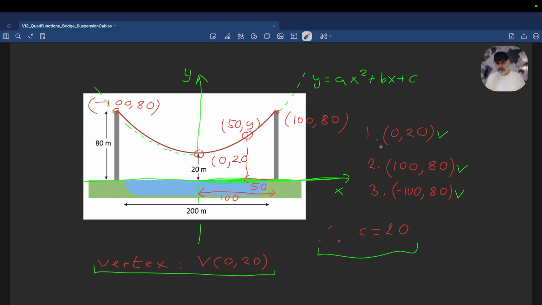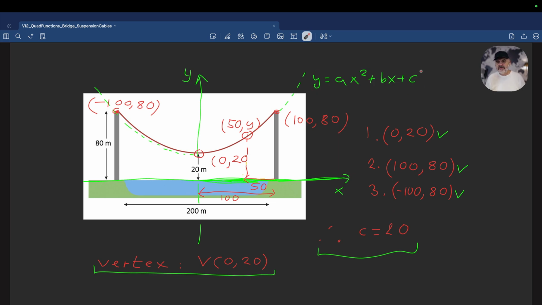Since the point 100, 80 is established because it's given for sure, the other one is given as well because of the symmetry, and then by reading the question, the lowest point is 20 above the water surface. So at x equals 0, we can introduce that point. The y coordinate is 20. So now we have 3 coordinates for that quadratic equation, or for quadratic functions in particular.